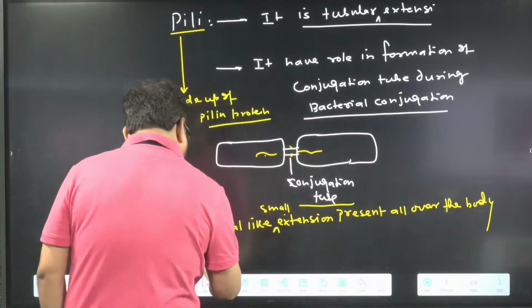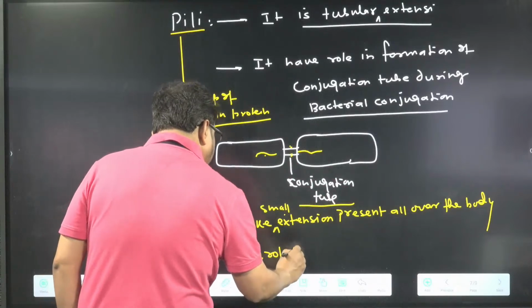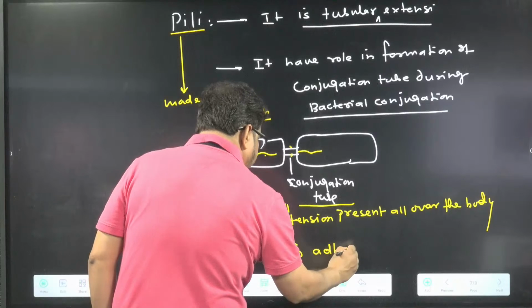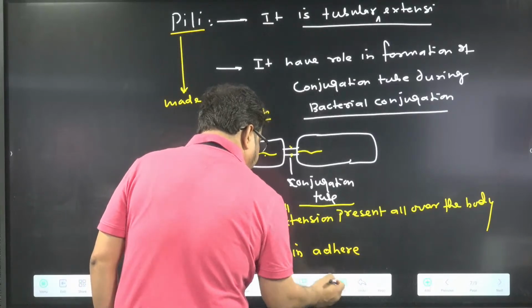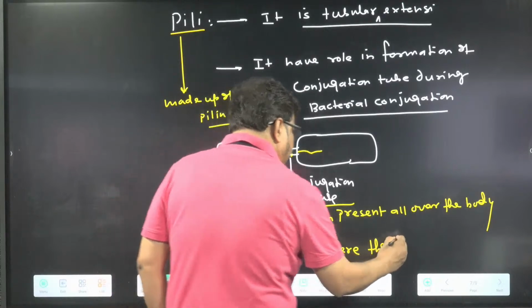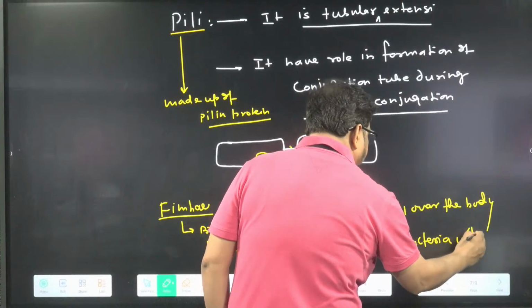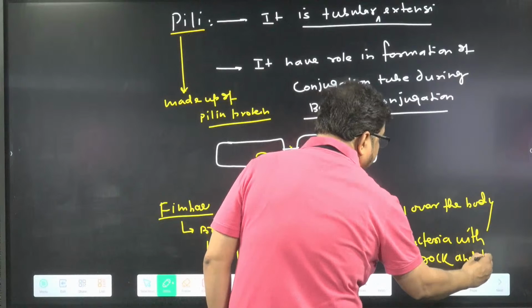And these fimbriae have a role in attachment or adherence, to adhere the bacteria with rock and host cell.